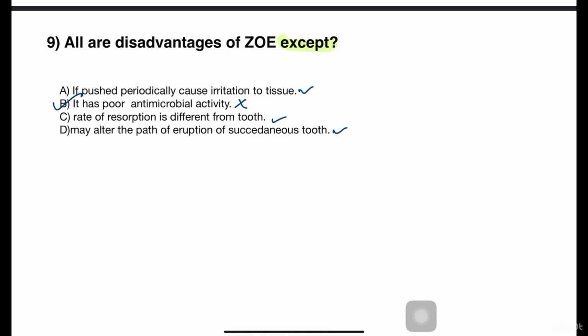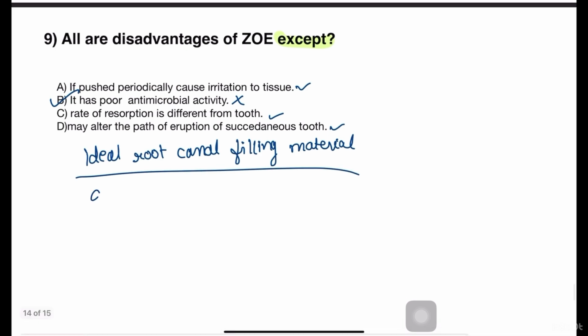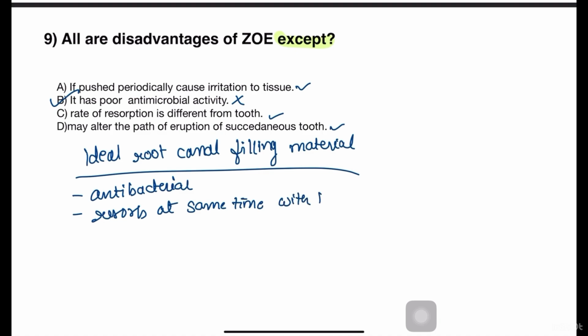So what are the requirements of an ideal root canal filling material? Okay, so an ideal root canal filling material should be antibacterial or antimicrobial. Then it should resorb at the same time as the tooth.